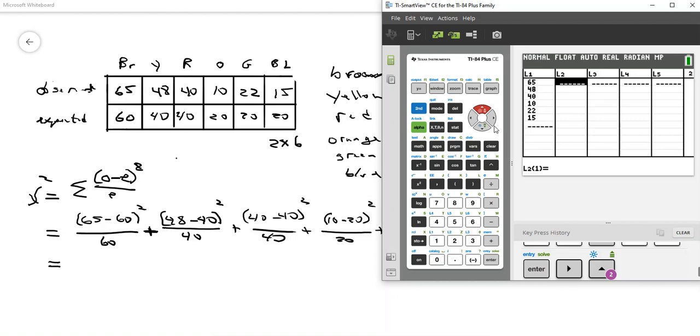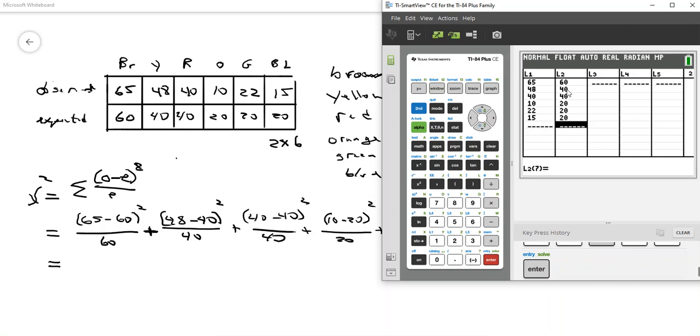The expected goes in L2. So we've got 60, Enter, 40, Enter, and so on. We're going to put all these in, and three of those 20s.